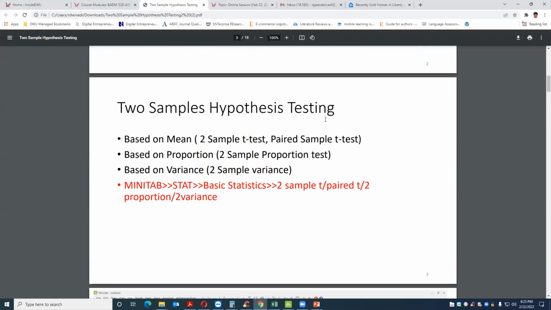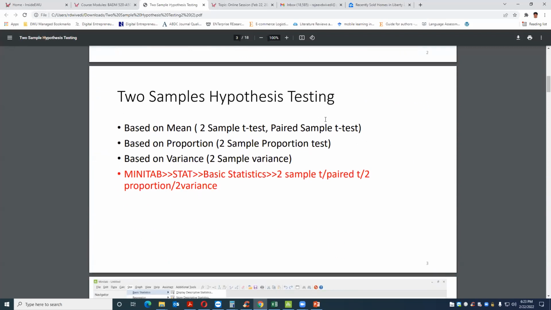Two sample hypothesis testing, like we did in the past, can be based on two sample t-test, paired sample t-test, two sample proportion test, and variance. So basically two sample can be based on mean, proportion, or variance.